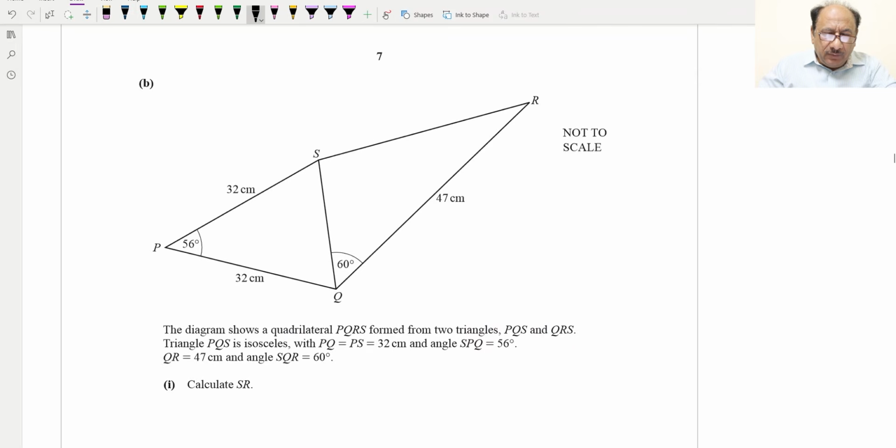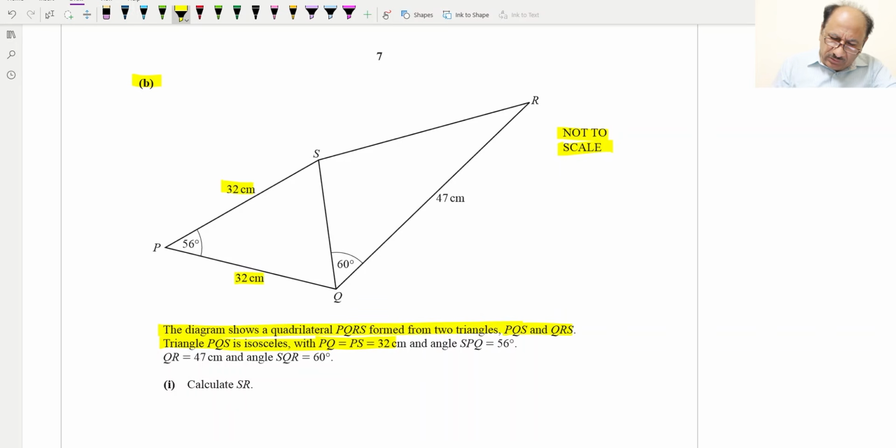Now B part, again a diagram is provided, and they're saying the diagram is not to scale. The diagram shows a quadrilateral PQRS formed from two triangles PQS and QRS. Triangle PQS is isosceles with PQ equal to PS, which is 32.